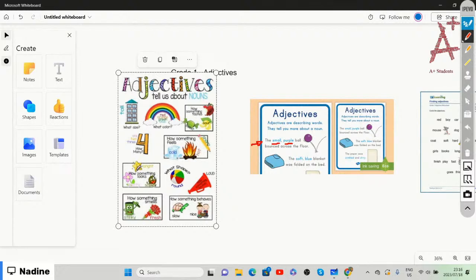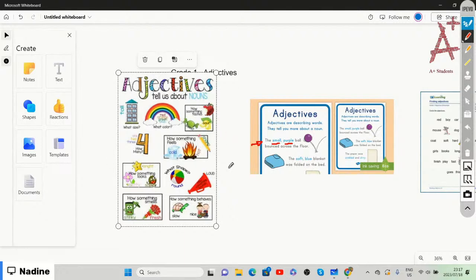So we can say the bright star, the pretty flower, right? So pretty, bright. Shapes can be round, triangular, and so on. The circular ball or the round ball, right? So this is how we can describe nouns.